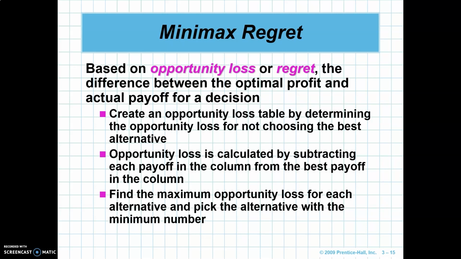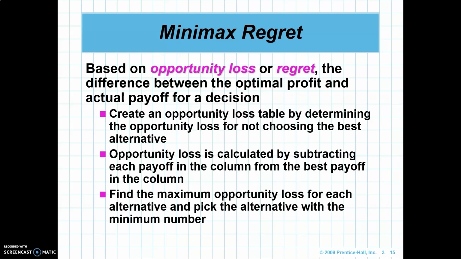The working method is summarized as follows. From the given payoff matrix, develop an opportunity loss matrix as follows. Find the best payoff corresponding to each state of nature and subtract all other entries in that row from this value. The next step is, for each course of action, identify the worst or maximum regret value and record this number in a new row.